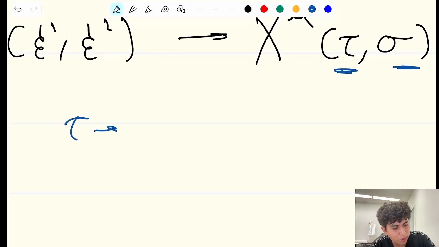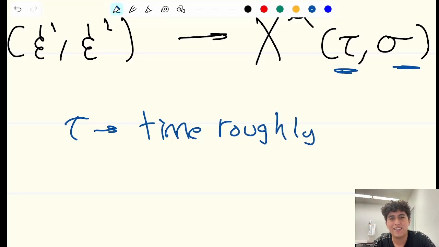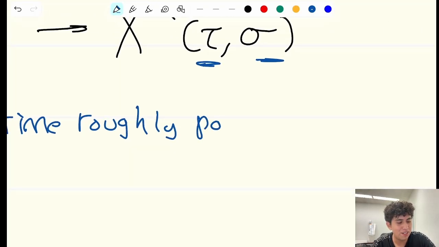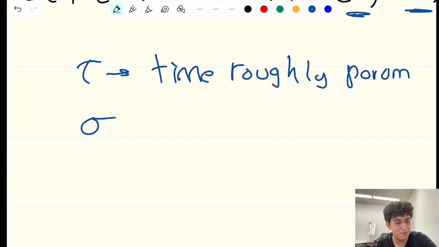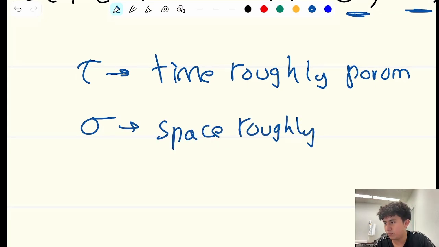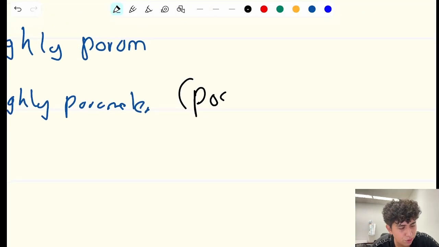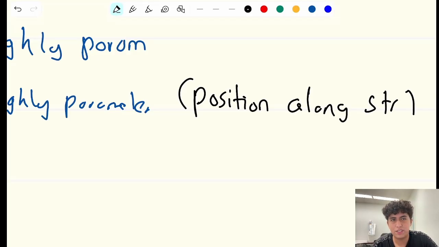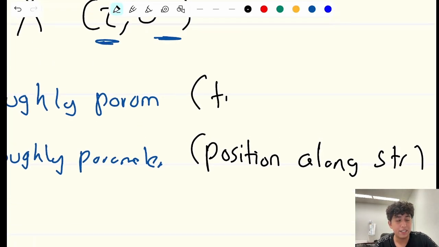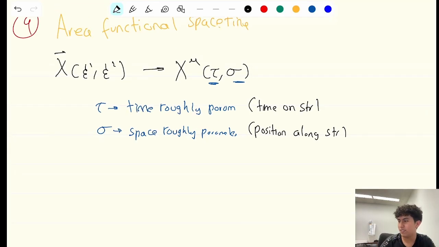Tau is going to be a roughly time-like parameter. This will make sense eventually. And sigma is going to be a roughly space-like parameter. This one is essentially parameterizing the positions along the string, and tau is the time on the string. So that's what we're going to parameterize.